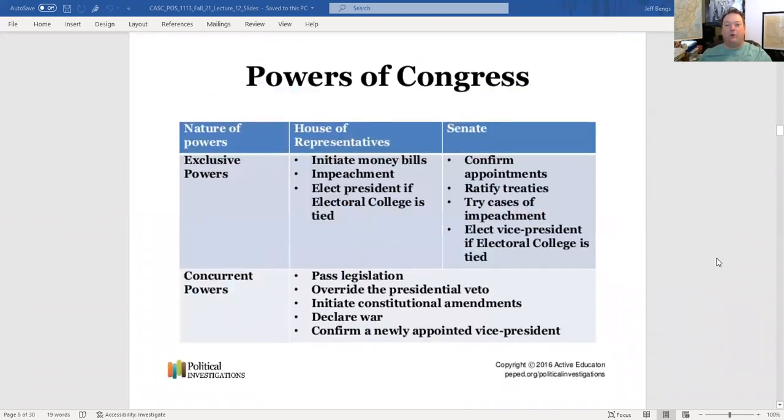What are the powers of the Congress? Remember, there are exclusive powers that only Congress has. And even within the two chambers, there are exclusive powers. You can see the examples there.